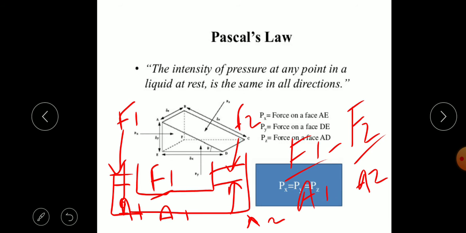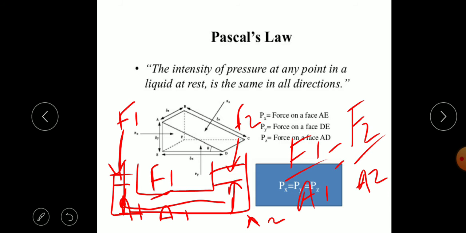According to Pascal's law, the pressure intensity is equal in all directions. So when force is applied, the pressure in the smaller cylinder is F1 upon A1. This same pressure will be equally transmitted in the second cylinder. So F1 by A1 is equal to F2 by A2.